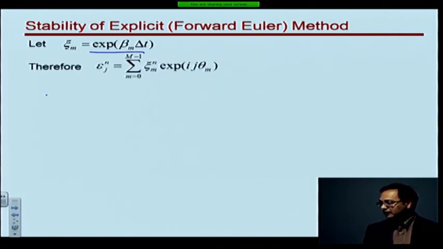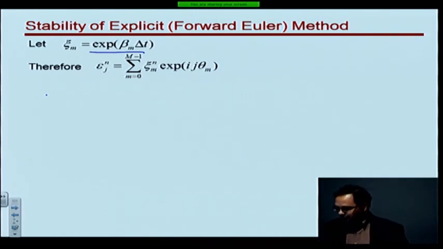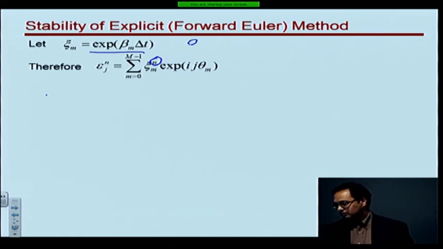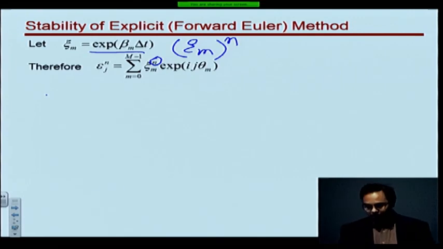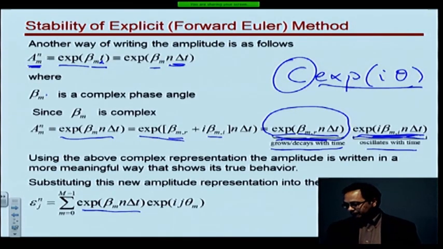Now notice, I should clarify here, this here is not a superscript that denotes time index. It is actually xi m to the power n. Because you see here, this is what we have.